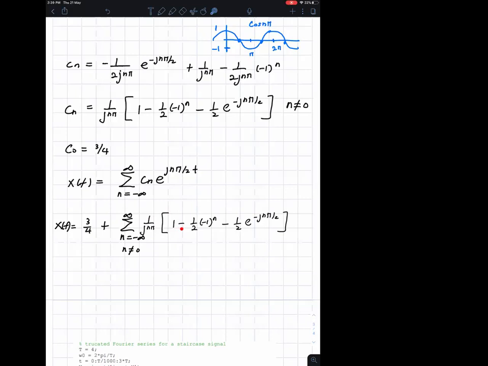Okay, the Fourier coefficients. And now don't forget, we forgot to put this here. It's supposed to be here, right? So this is the equation that you need to program into MATLAB to plot this.